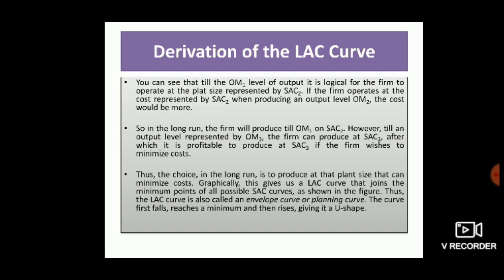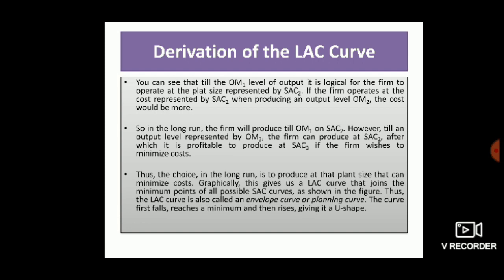So I am going to wind up. I am going to conclude this concept. Thus the choice in the long run is to produce at that plant size that can minimize cost.